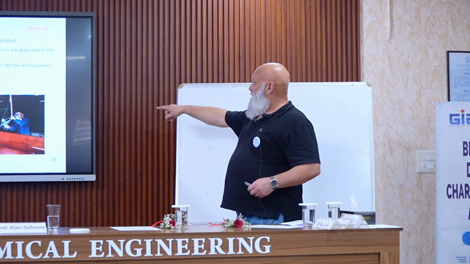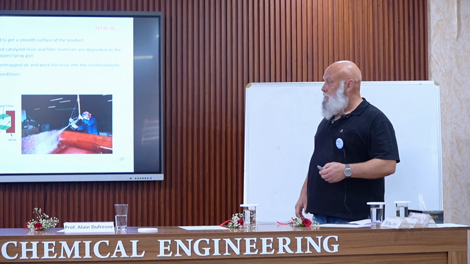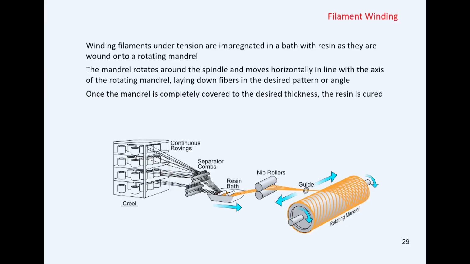And filament winding is also a specific processing technique which is used for composites. So winding filaments under tension are impregnated in a bath that contains the resin, and then they are wound onto a rotating mandrel.